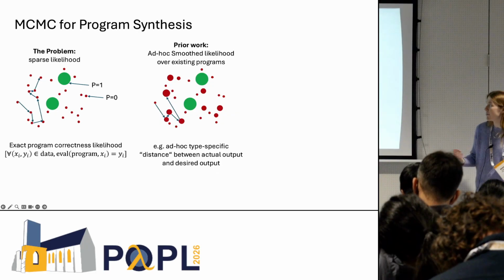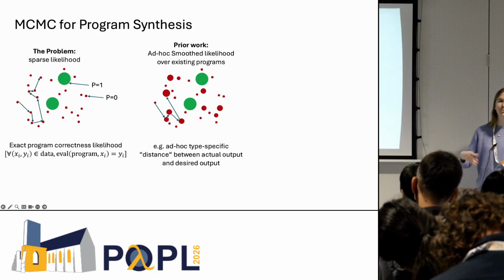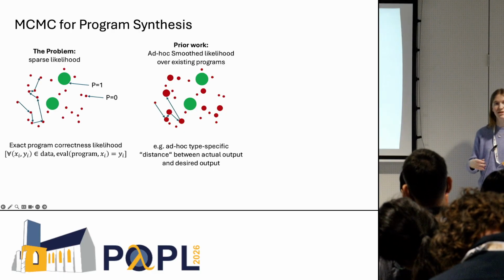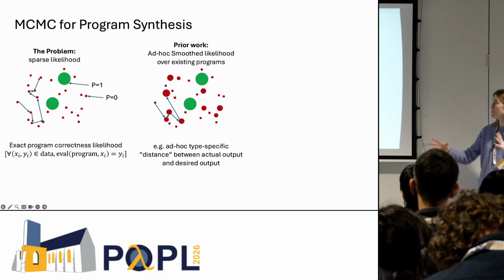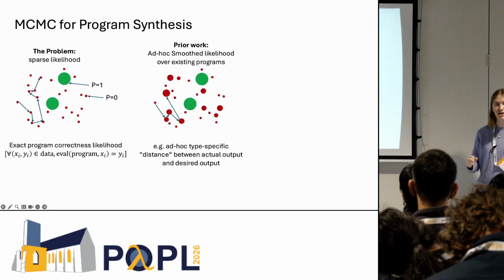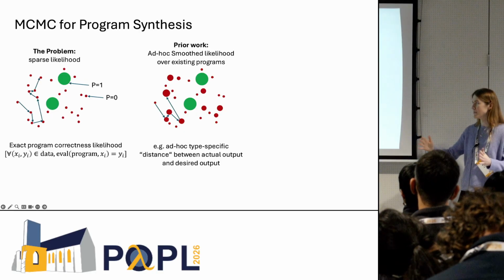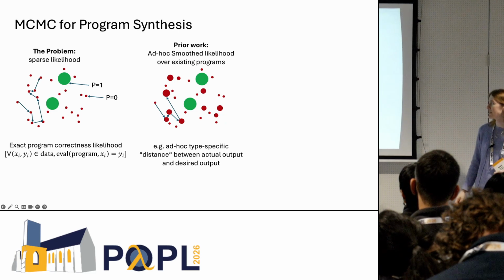And a common approach in prior work is to basically come up with a kind of ad hoc smoothed likelihood function that is going to put a bit more mass on programs that produce outputs that are similar, by some ad hoc type-specific distance metric, to the actual outputs.